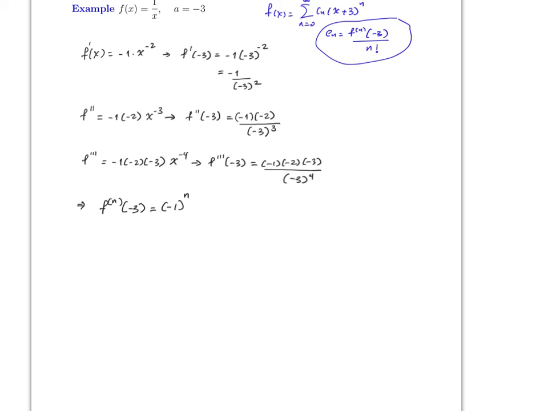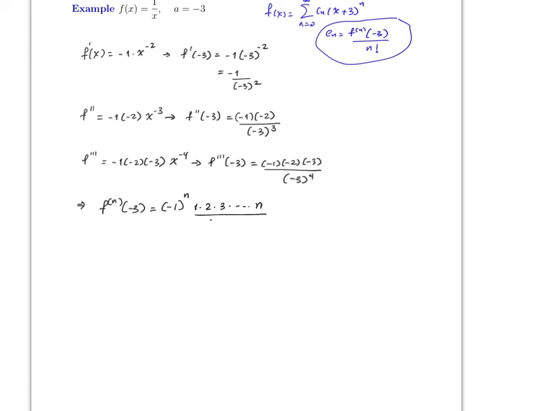We can always adjust that. But notice that if this is 3 derivatives, this is 1 times 2 times 3. If it was 2, this is 1 times 2, and so forth. So therefore, this is 1 times 2 times 3 all the way to n.